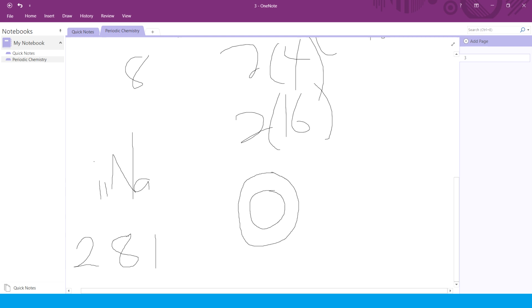So how many protons does it have? You know the atomic number is the same as the proton number, so it has 11 protons. And the number of protons is the same as the number of electrons inside a neutral atom. So we have 2 here, 8 here, 1.